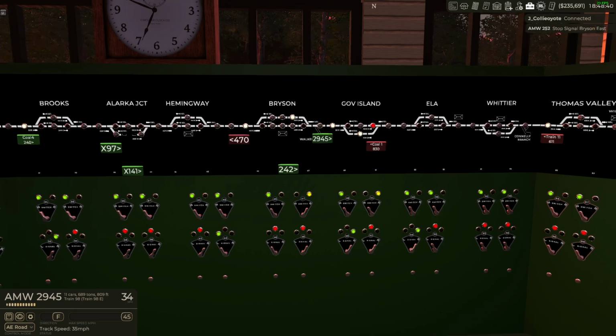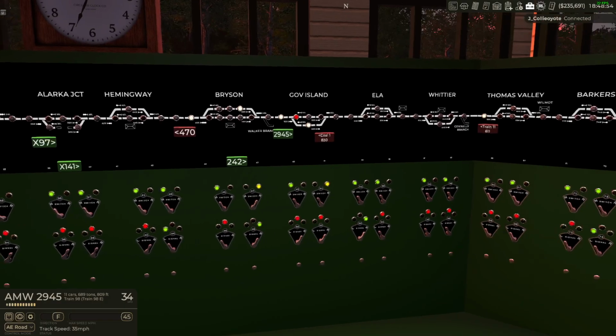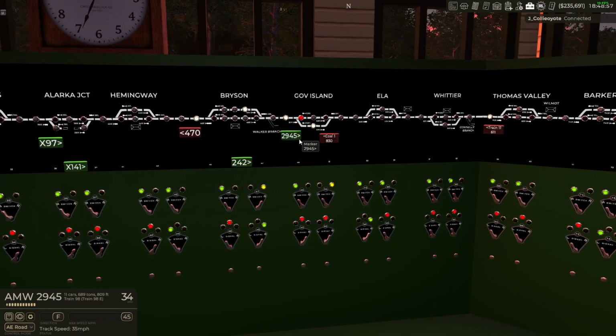Yep. It's a fantastic community, and I think it does stuff that you can do with model railroads, and you can do with one-to-one railroads. The opportunities are almost limitless.